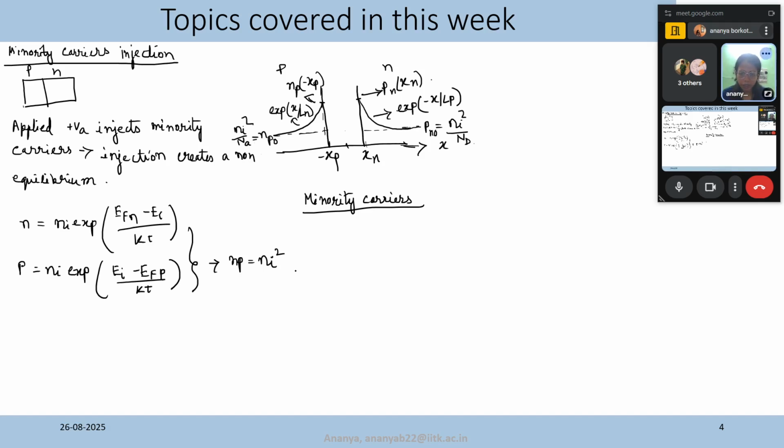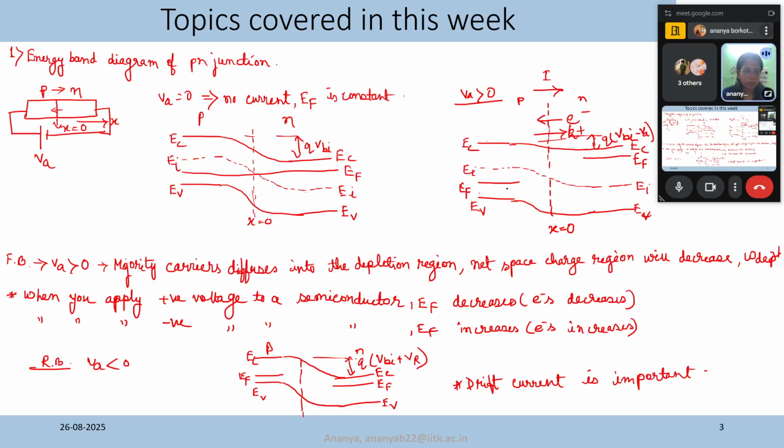There will be this extra term, exponential (EFn minus EFp) by kT. Now what is the difference between the Fermi level of the N side and the Fermi level of the P side? From the energy band diagram we can say that this is our applied voltage, qVA.